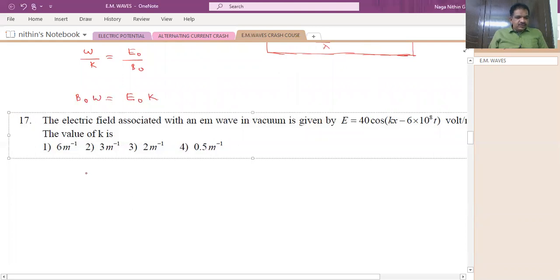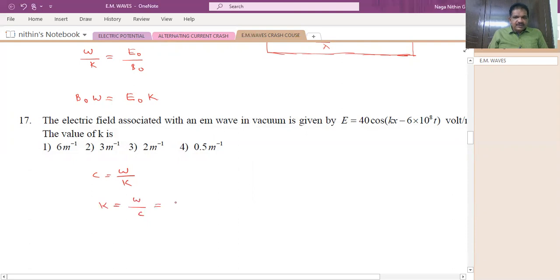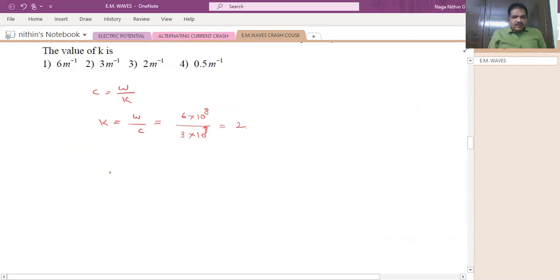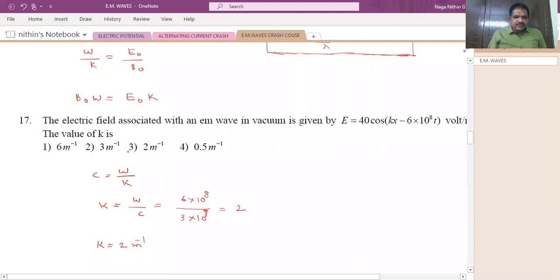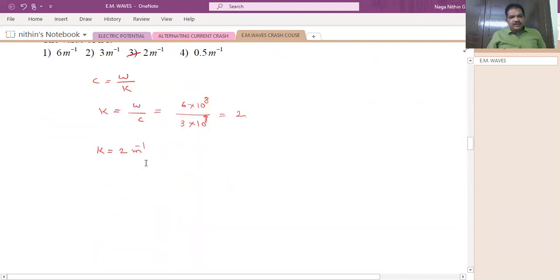C is equal to omega by k, so k is equal to omega by C. Omega is 6 into 10 power 8, C value is 3 into 10 power 8, so k is equal to 2 meter inverse. This is the answer for it.